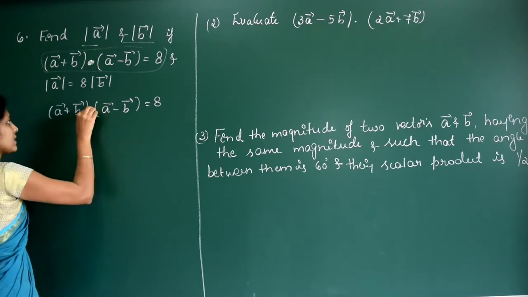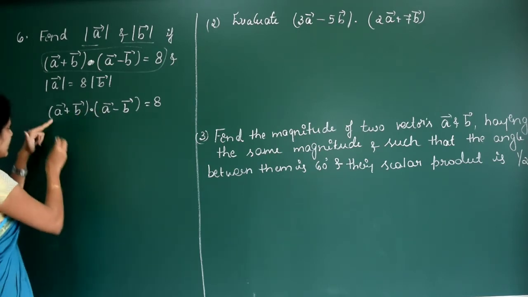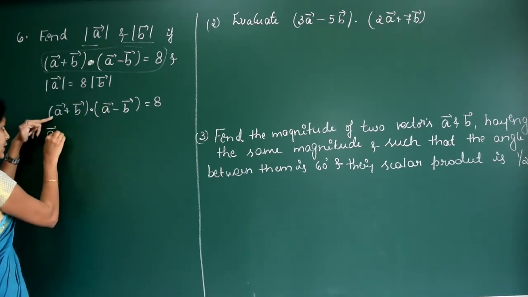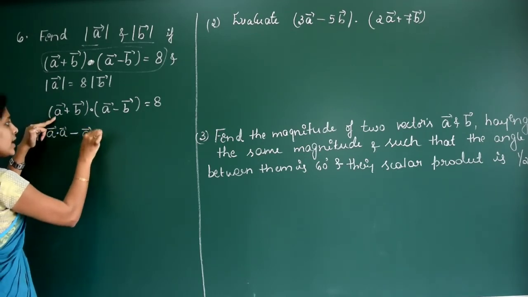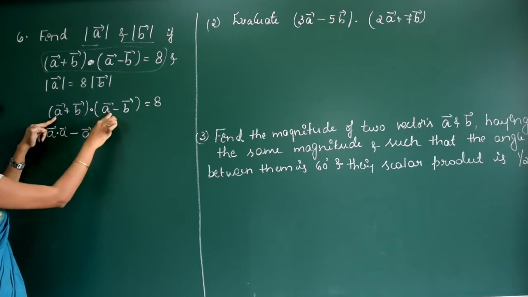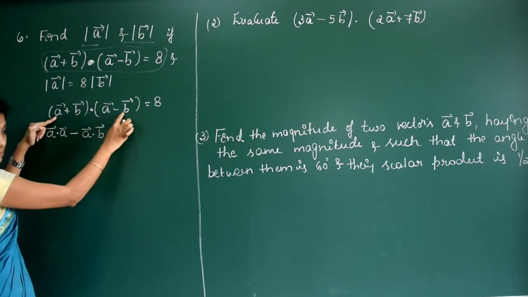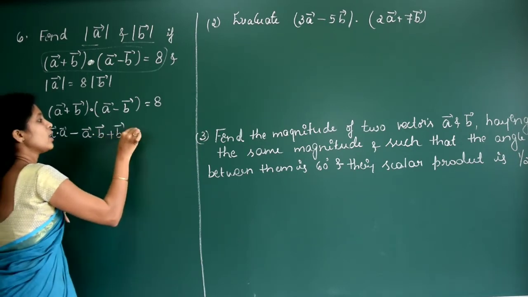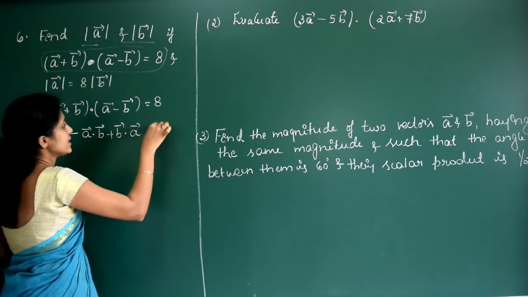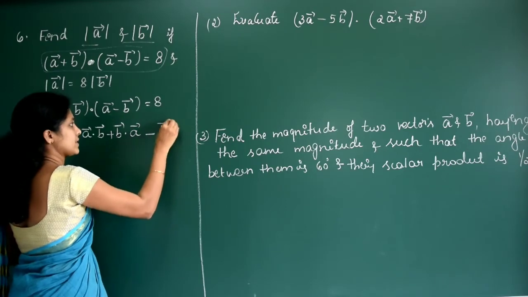While multiplying, the dot is very important. You have to write it like this: A vector dot A vector, minus A vector dot B vector, plus B vector dot A vector, then minus B vector dot B vector.